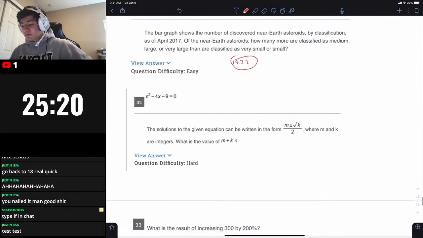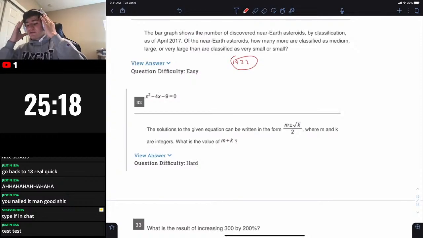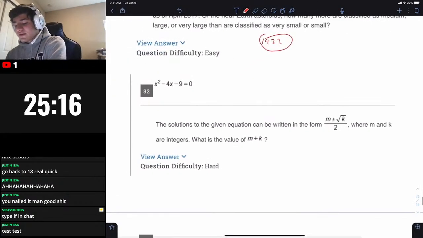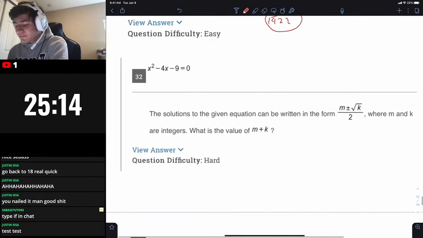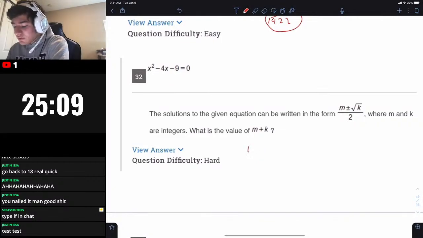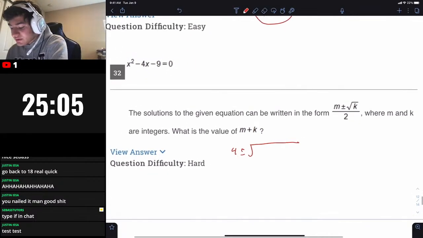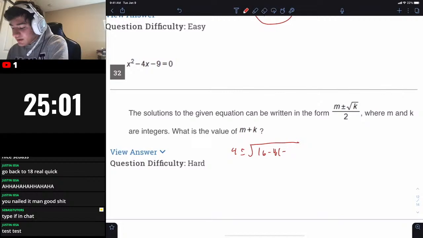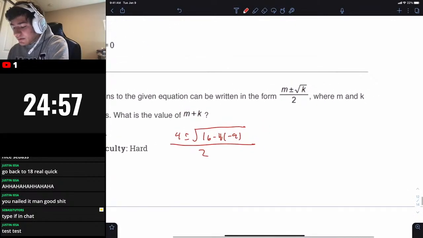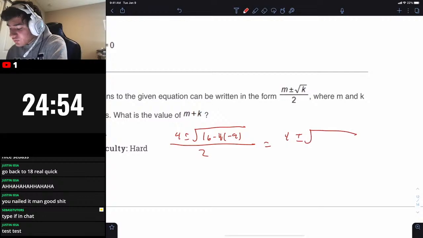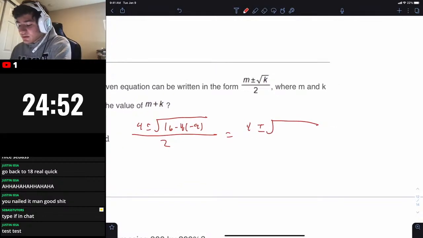The solution to the given equation can be written in that form. What is the value of m plus k? They love doing this, don't they? Quadratic formula. I'll do positive 4: 4 plus or minus the square root of b squared, which is 16, minus 4 times negative 9, over 2. Then this is going to be 4 plus or minus the square root of 16 plus 36.